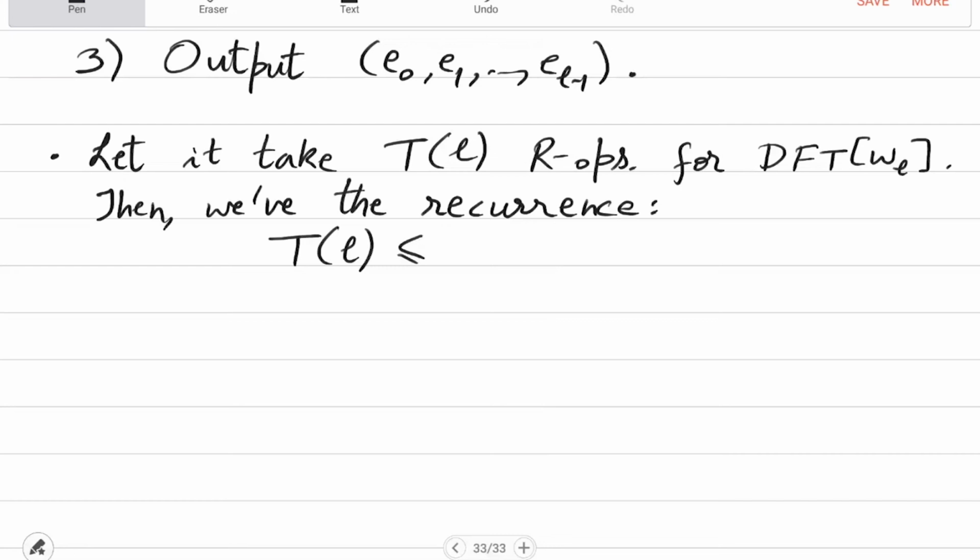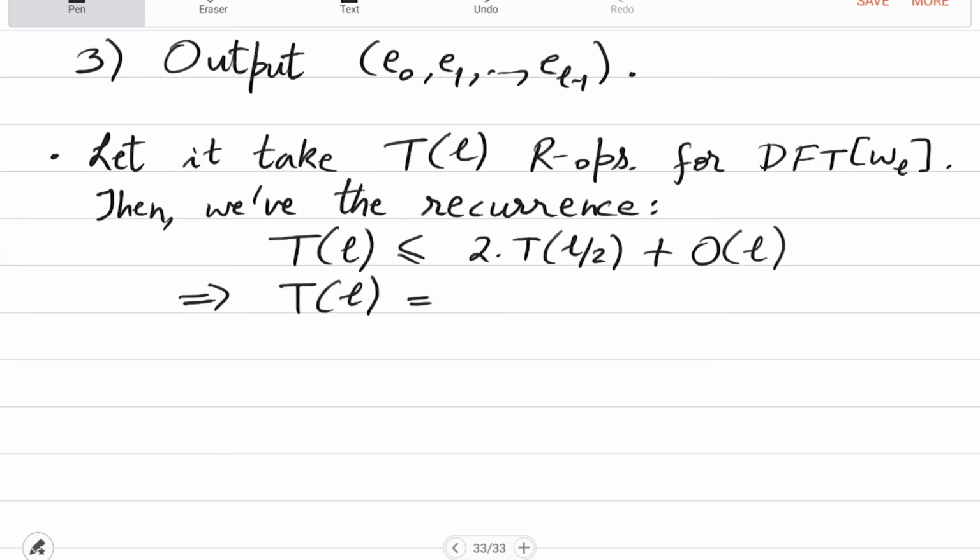Yeah, so it is twice because there were two instances, f0, f1. Those many R operations, and the merge was around L, so that many R operations. Which if you solve, like the merge sort, you will get exactly L log L. Okay, so the time complexity is L log L many R operations.